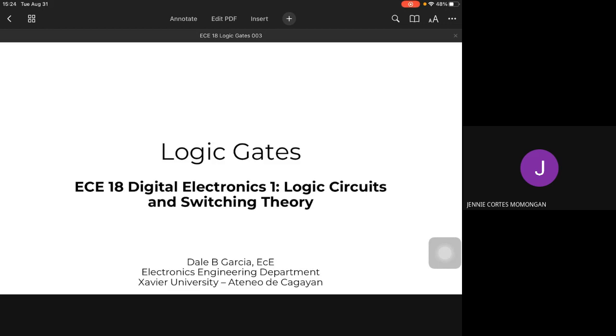Supposedly, this is the next abstraction after CMOS circuits because it would be very tedious and time-consuming if we were designing digital circuits with actual CMOS schematic notation. So the next abstraction is the logic gates, or the logic gate implementation.